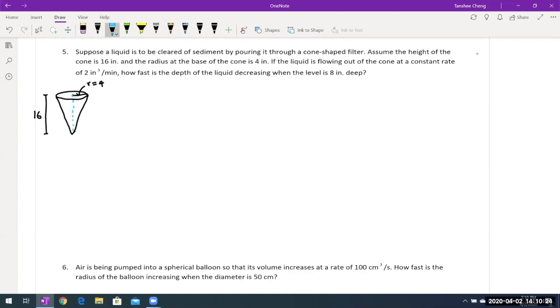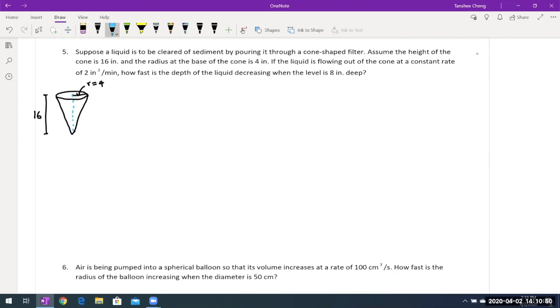height, right? And this height, 16 inches, is always going to be changing since the liquid is pouring out. But what we are interested in is at a depth of 8 inches, and how fast the depth of the liquid is decreasing.